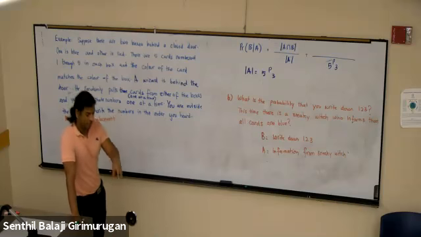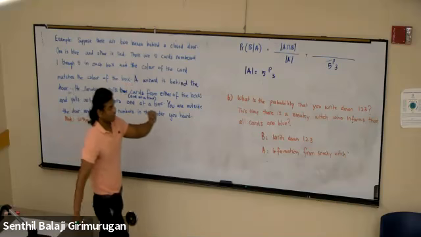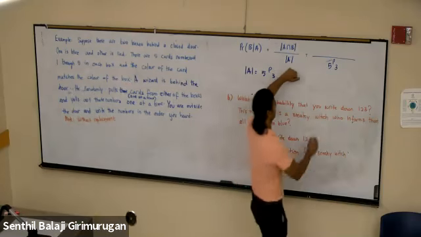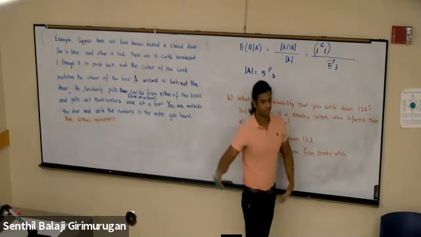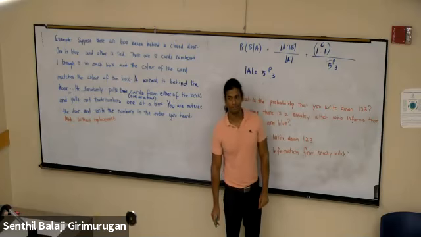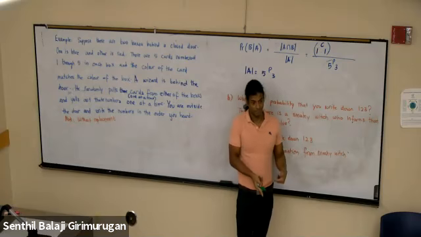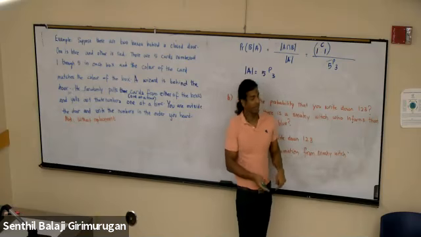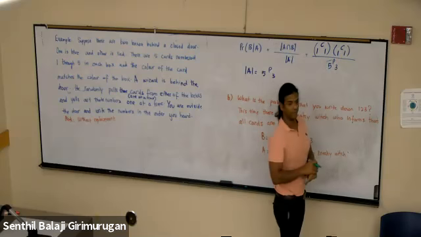The first card has to be 1, the second card has to be 2, the third card has to be 3. So from 1, you are choosing 1. Would you agree? There is only 1, and you're choosing 1.